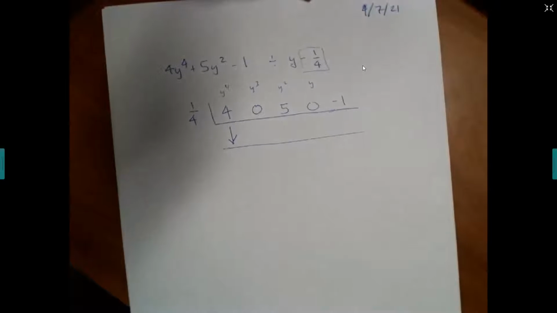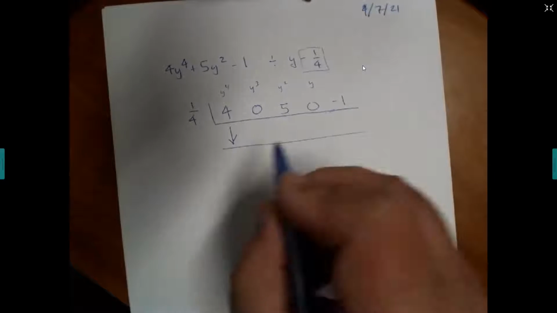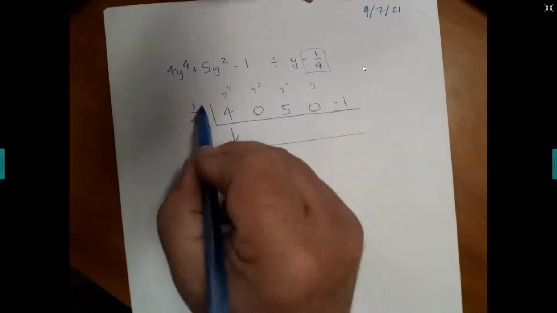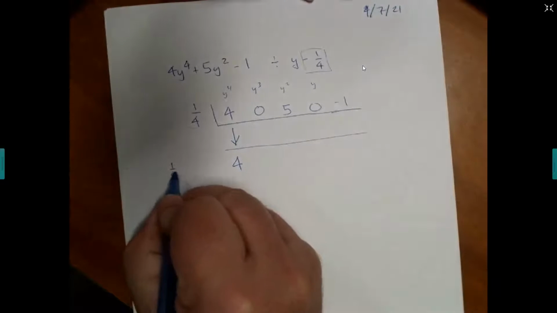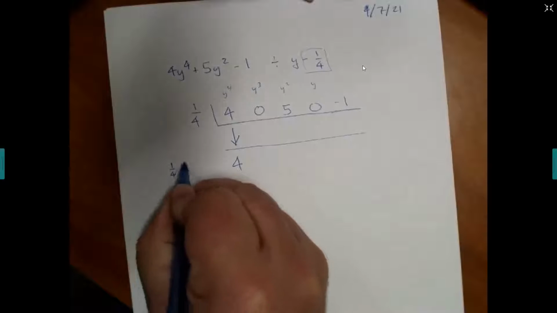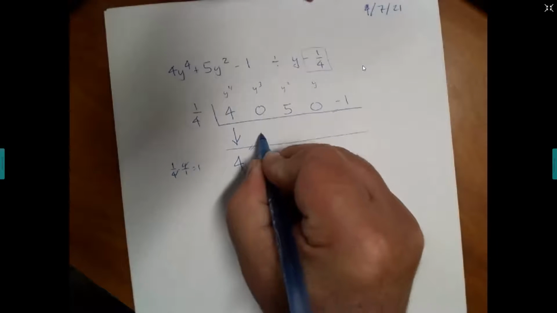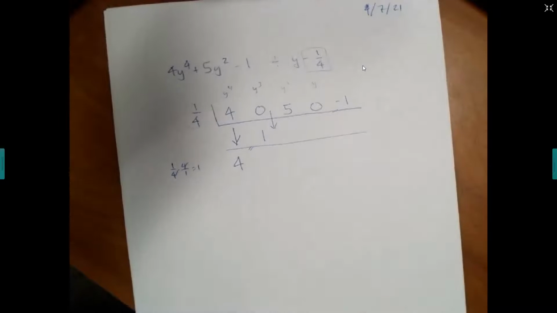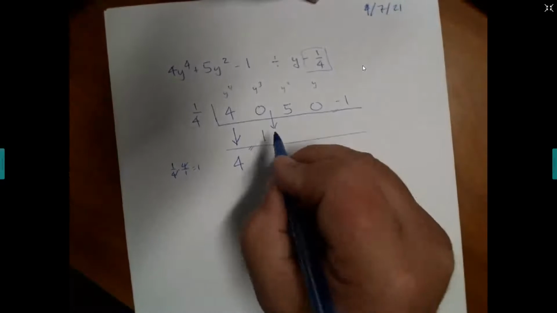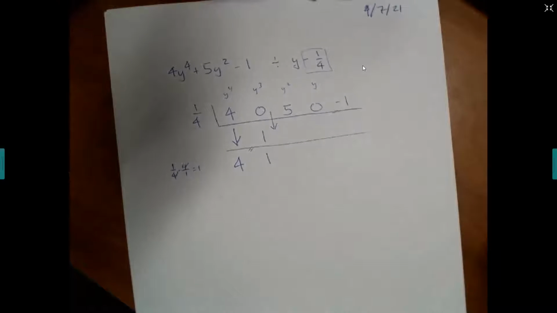Start off by bringing down the first one. Now multiply. 1/4 times 4 equals 1. So that goes there. Now we add. 0 plus 1 is 1.